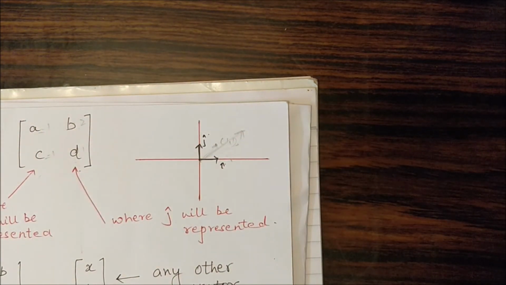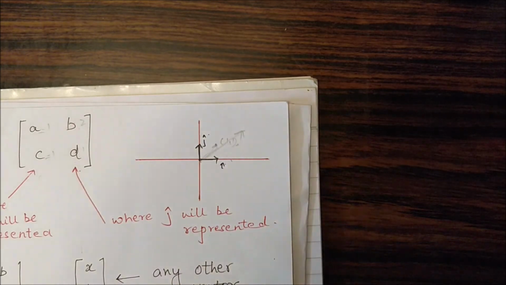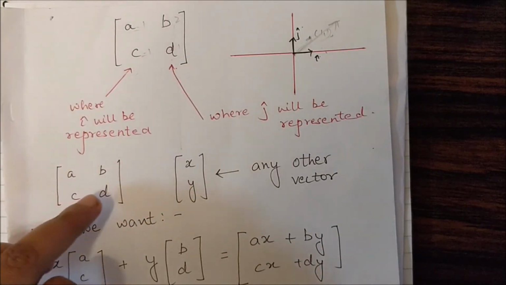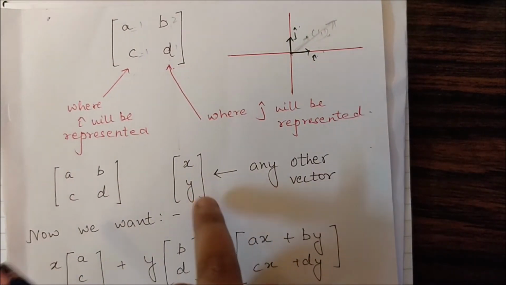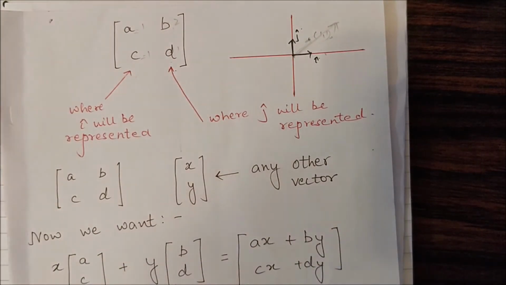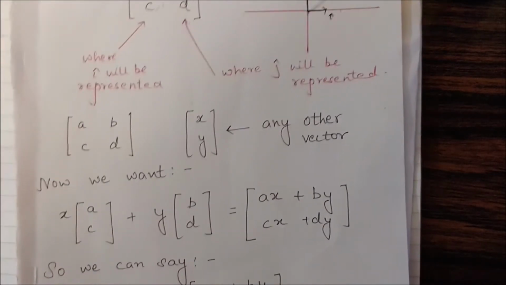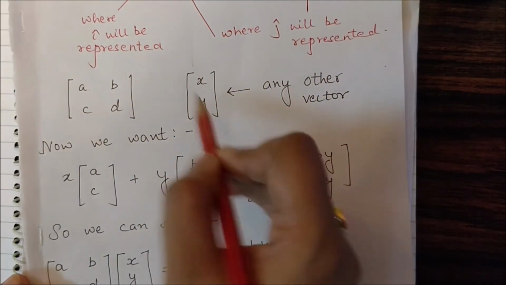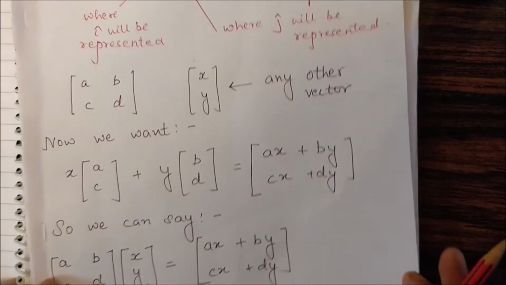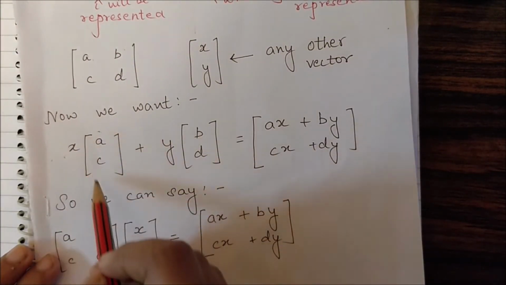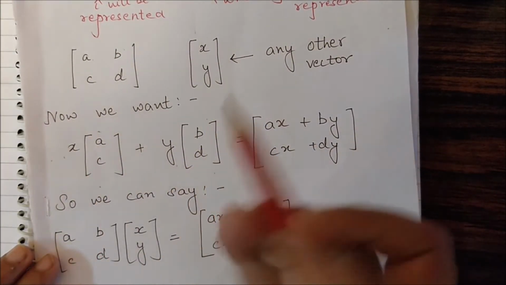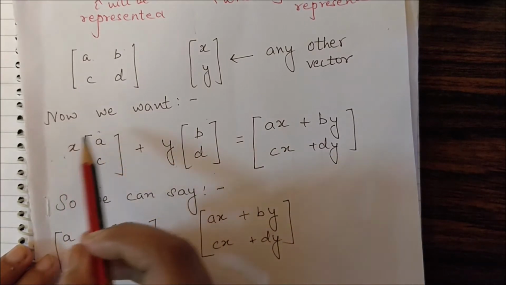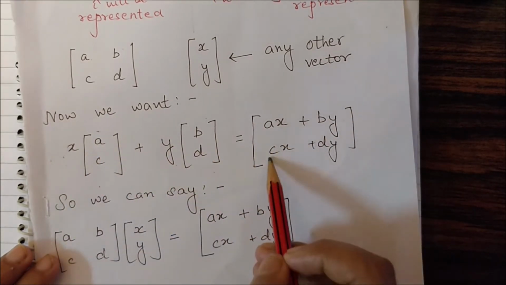Now, when we are multiplying this, what happens graphically? See, we have A, B, C, D and any other vector which we want to multiply with it. What happens when we multiply? This x is multiplied by A and C, and this y is multiplied by B and D. So we get x with the column AC and y with the column BD, and if we multiply, we get XA plus YB, CX plus DY.